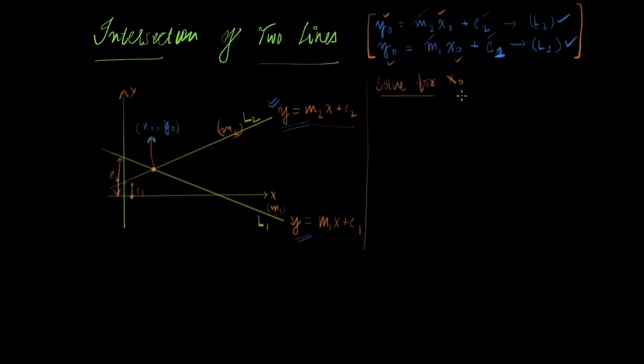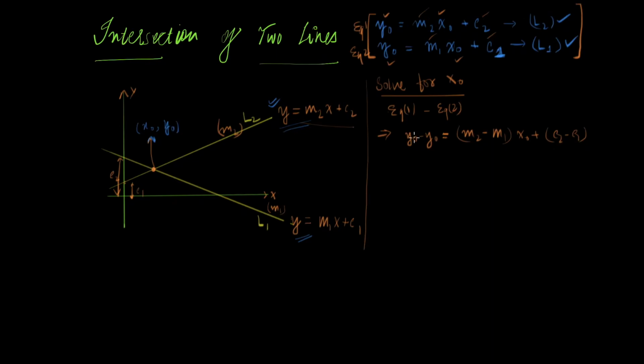If we want to solve for x sub 0, we must eliminate the variable y sub 0. What we can do is subtract the equations. So if this is equation 1 and this is equation 2, we can do equation 1 minus equation 2 to get y0 minus y0 equals m2 minus m1 times x sub 0 plus c2 minus c1.